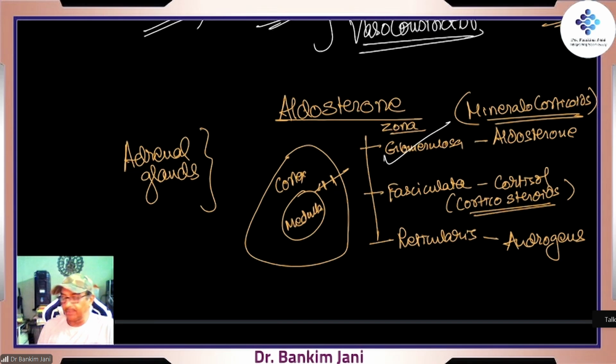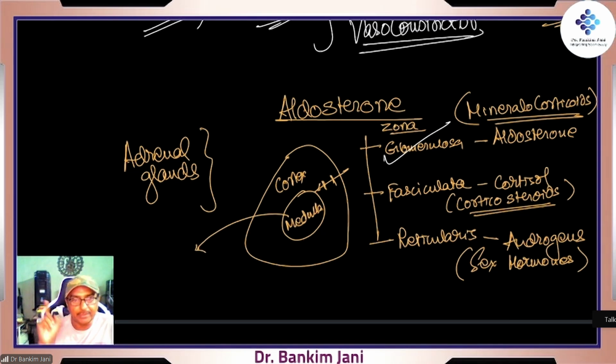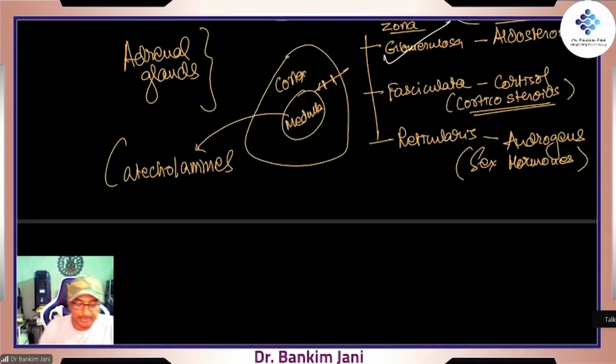Right? Then androgens, these are the sex hormones. And it is this medulla that produces catecholamines. The synthesis of catecholamines and how they affect the body is itself a giant topic. So adrenaline, noradrenaline, and dopamine.